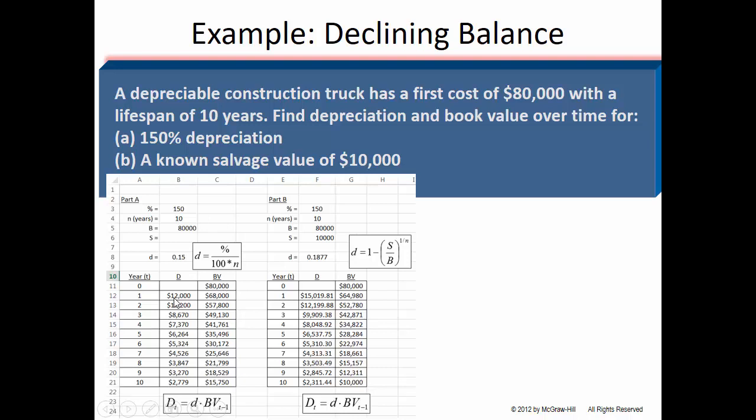So the depreciation is 12,000, which means the remaining book value is 68,000. Now 15% of 68,000 is 10,200. So the remaining book value would be 68,000 minus 10,200, which is 57,800. You can see each year's depreciation is based on the book value of the previous year.